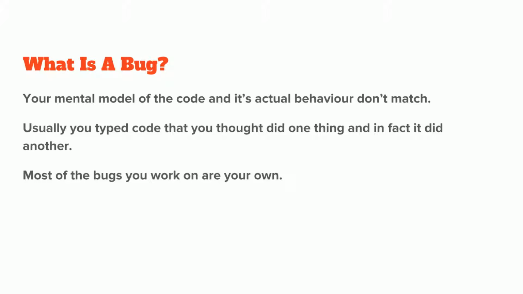So the first big question is, what is a bug? I think we've come up with the idea: when your mental model of the situation, the code, the website, doesn't match the actual behavior, that's what we're going to call a bug. You probably tried to do one thing and it's doing something else, and you're trying to figure out why.